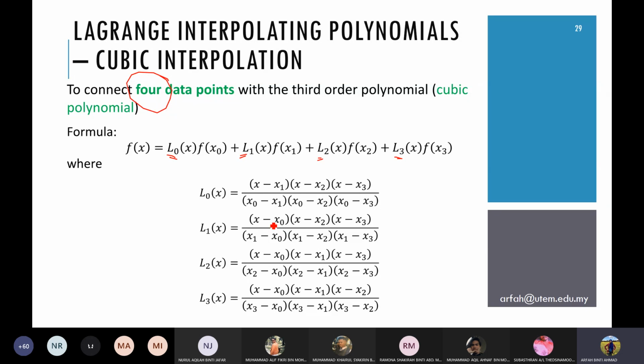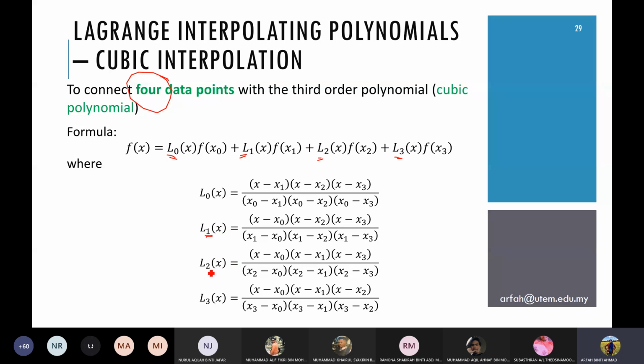So L1x, x minus x0, sebab ni adalah untuk L1. So dekat atas dia tak ada apa-apa yang melibatkan x1. So x minus x0, x minus x2, x minus x3. Then you have x1 minus x0, x1 minus x2, x1 minus x3 for the first L1x.